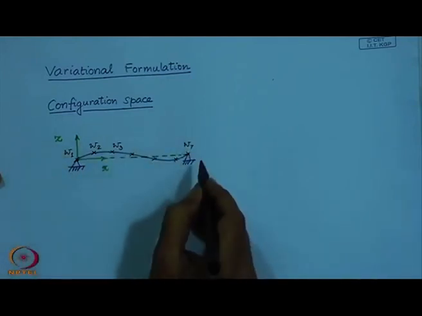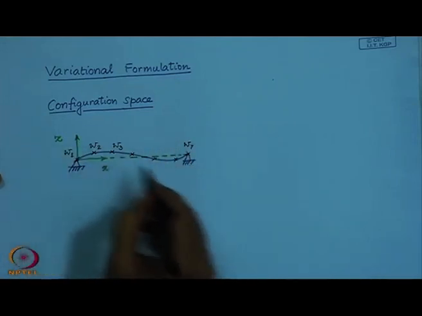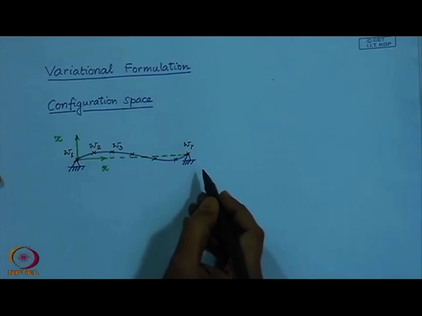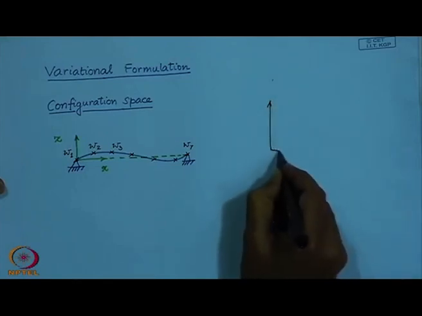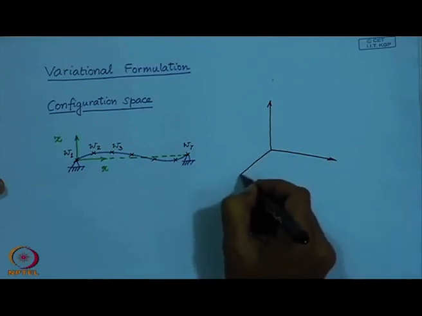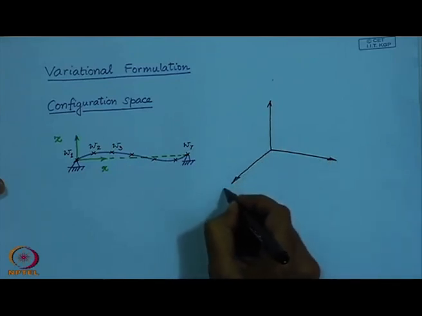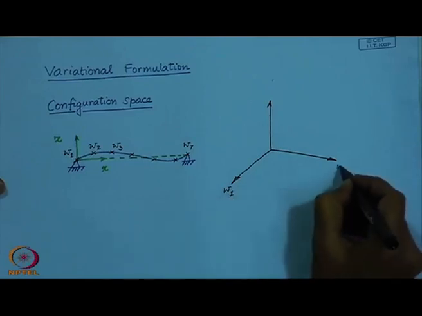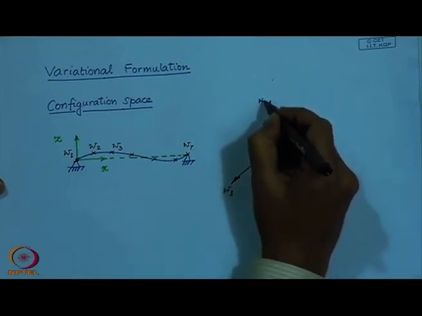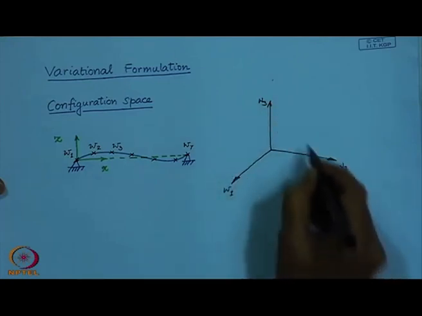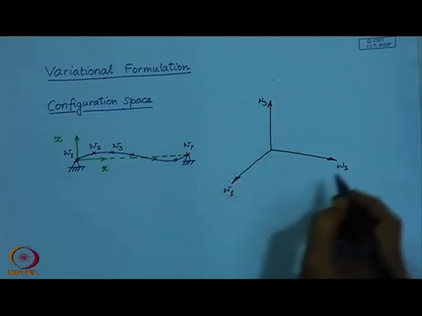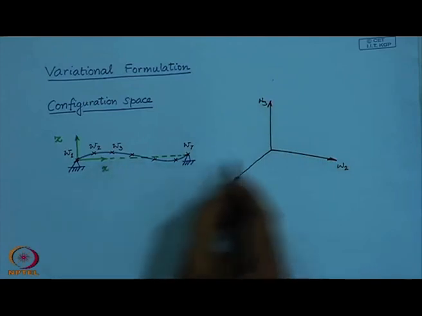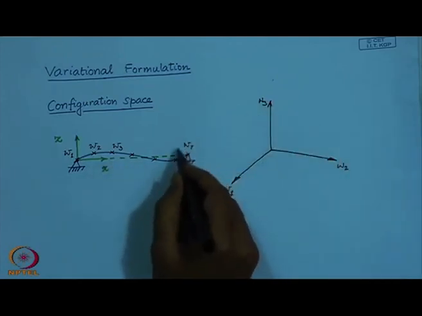Now, to visualize this configuration of the string at this instant, I can think of a Euclidean-like space. Here I have taken 3 axes, which is the best I can draw, W1, W2, W3, and then there are axes like this up to W7.